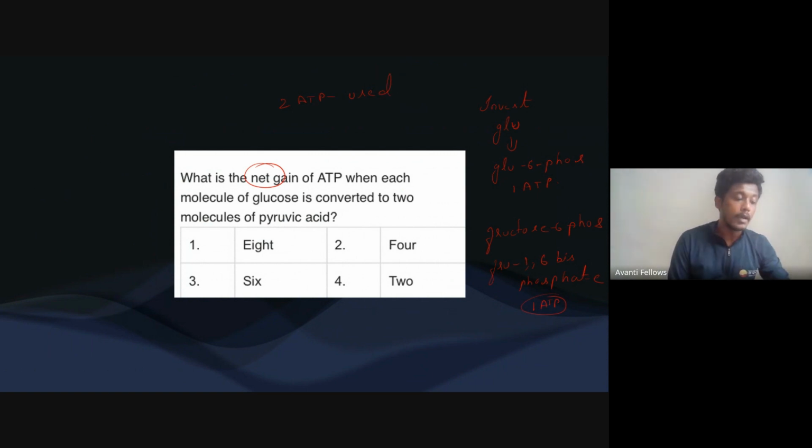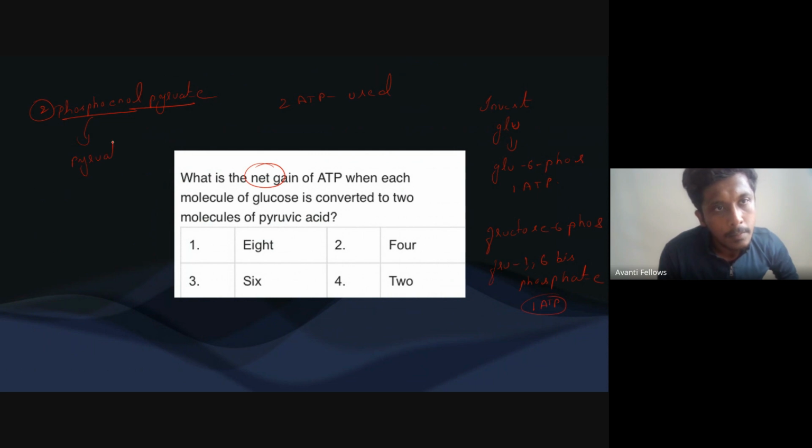When I convert phosphoenol pyruvate into pyruvate, I have 2 molecules of phosphoenol pyruvate, and each molecule becoming pyruvate is giving me 2 ATP in total.